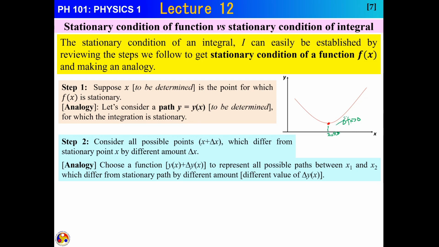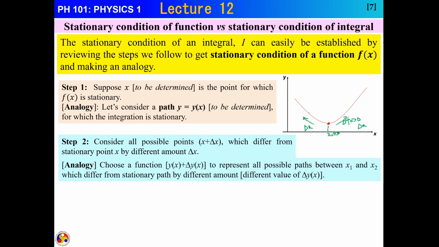Suppose I move this side or this side by a small amount of delta x, and if I consider delta x increasing slowly, then the analogy is that I have a function y of x at this point, which will also be varying by a small amount delta y of x to represent all the possible paths between the points x1 and x2.